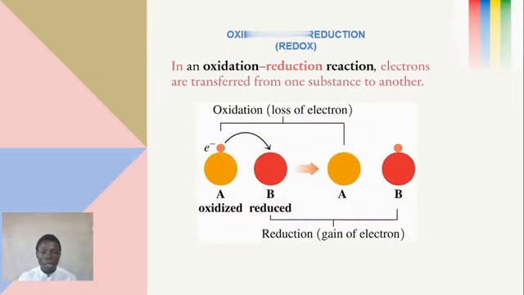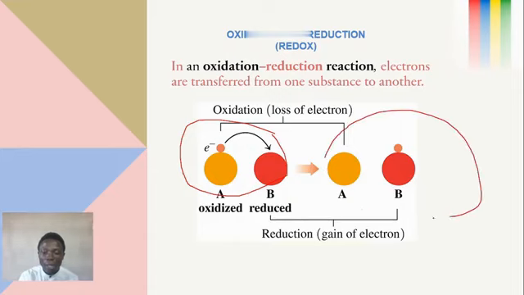Good. So let's have a clear example from this picture before you now. Because we are saying that electrons are transferred from one substance to another, let's pick our pen so that it can be a bit clearer. So we have substance A and substance B on the left hand side of our equation, that is the reactant.